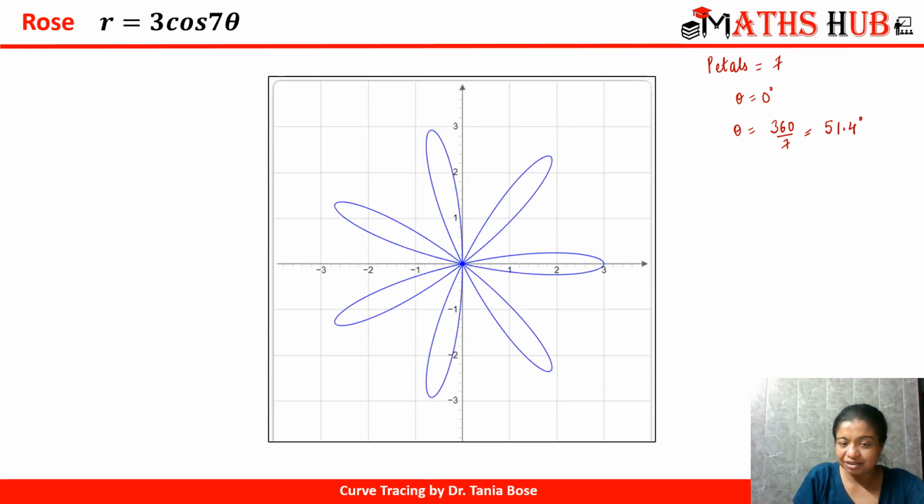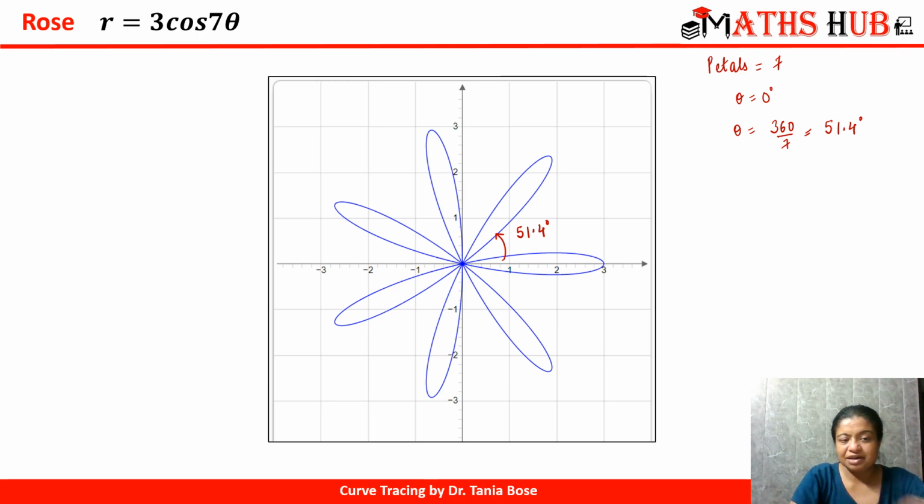You can see that the shape is becoming more oval, more sleek. And if you count the number of petals, there are 7. The gap of every petal is shifted at an angle of 51.4 degrees, right? And this diameter is acting as 3, right?